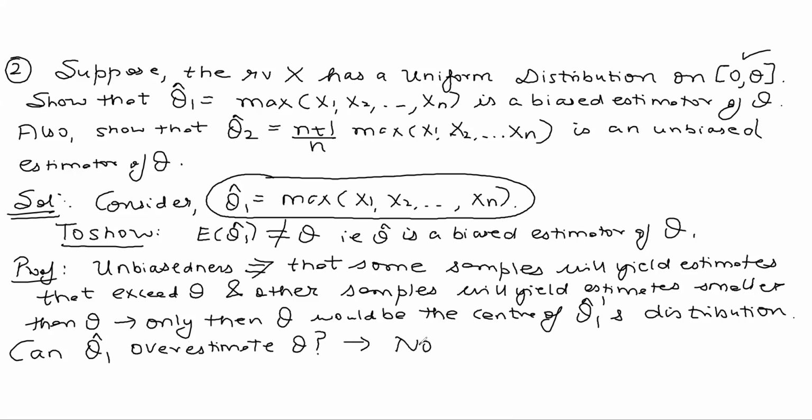Answer is no, because theta 1 hat is the maximum of the sample value, and the maximum of the sample value cannot exceed the maximum of the population value. Why? The sample lies within the population. If the sample lies within the population, sample value cannot exceed the population value.